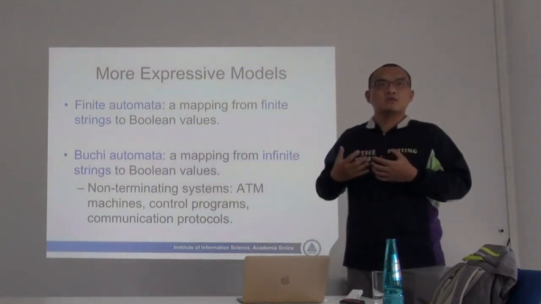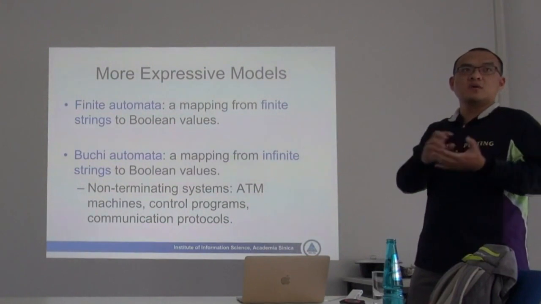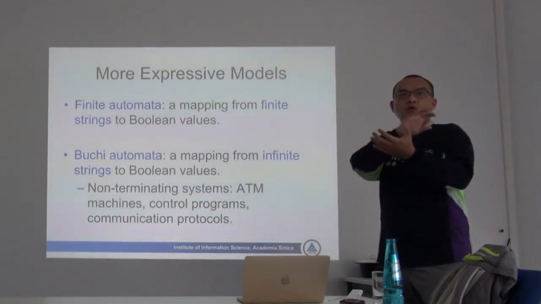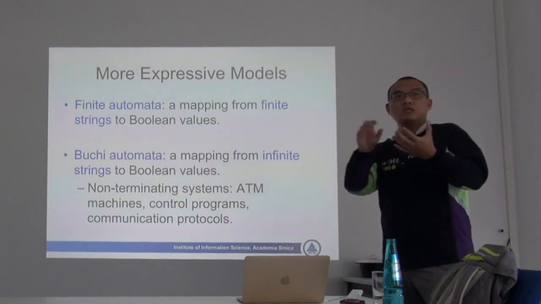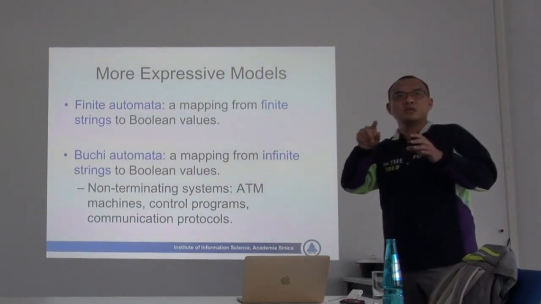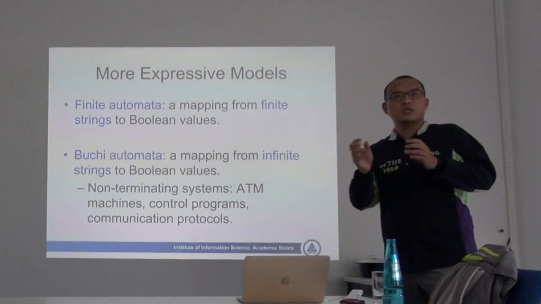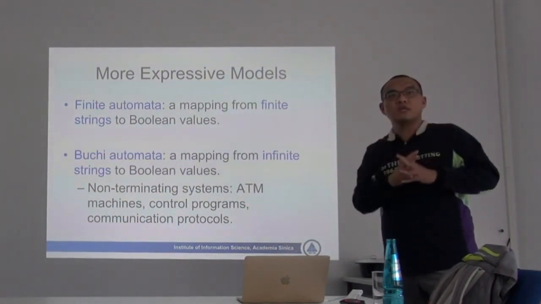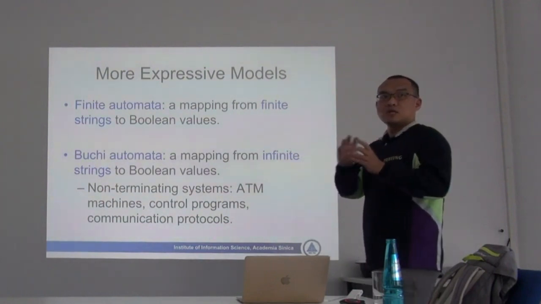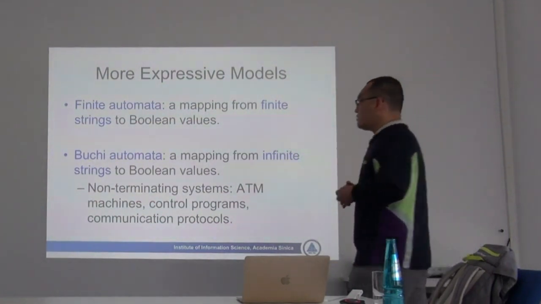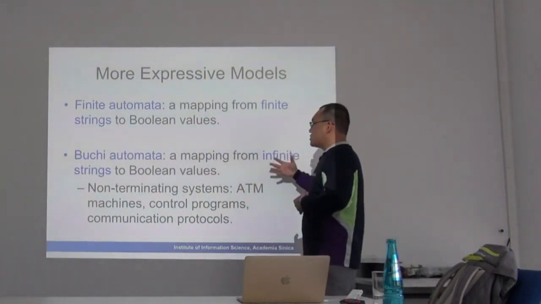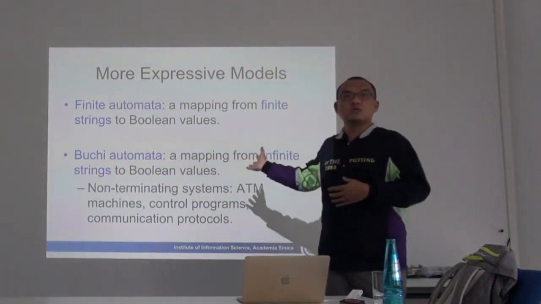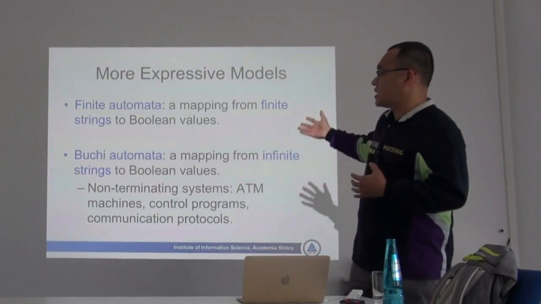In this kind of system, for example, in an ATM machine, maybe I push some button, and then I get my cash, and the machine returns to the state waiting for the next user. The ATM machine will never stop. For this kind of non-terminating system, we use the so-called Büchi automata to model it. So this will be covered today also.